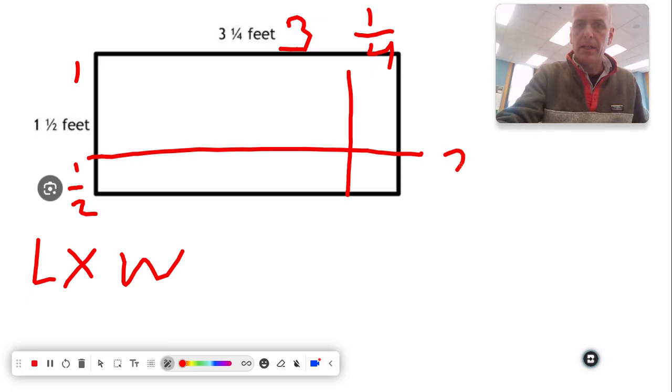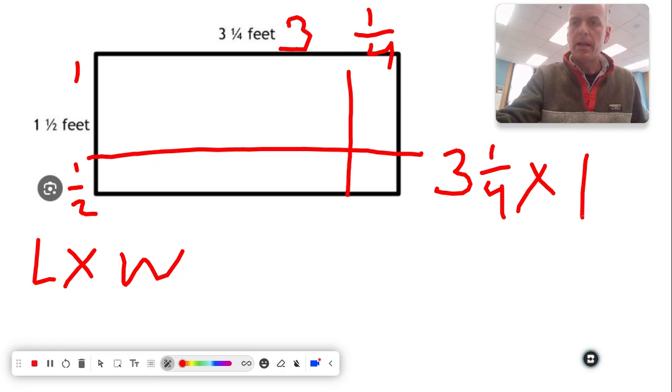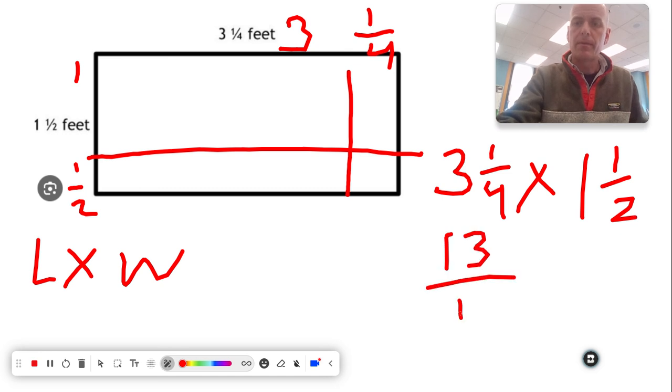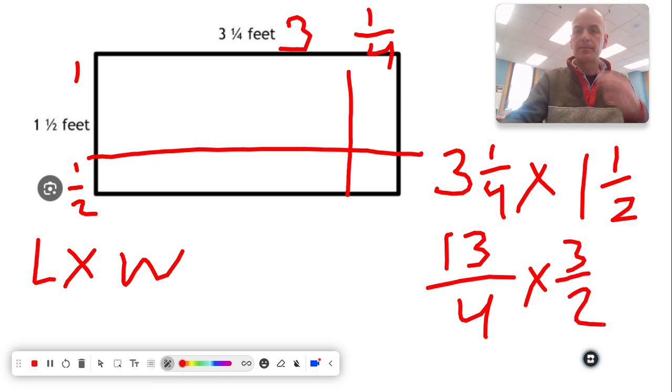You take 3 1/4 times 1 1/2. That will then be 13/4 times 3/2.